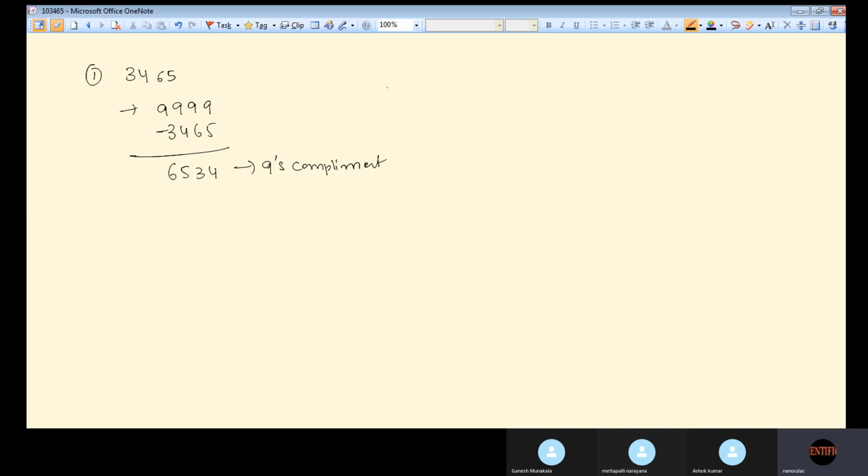In the same way, if I ask you to find the nines complement of 782.54, what is the nines complement of this one? Can you tell me quickly? 999.99 minus 782.54.